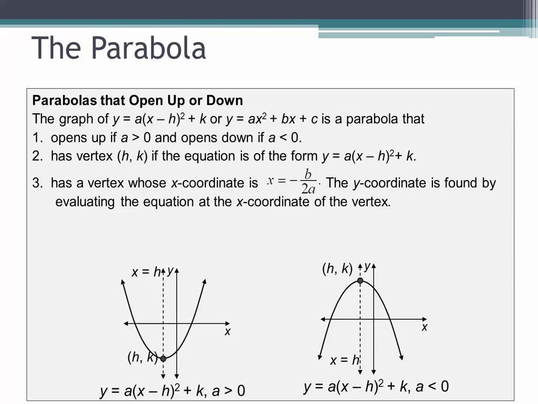Also penciled in here is the axis of symmetry, which has an equation x equals h, where h is your x value of the vertex. So on the left, for a parabola that opens up, the vertex is the lowest point on the graph. On the right, the vertex is the highest point on the graph.